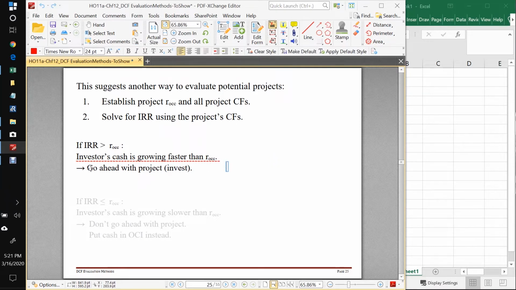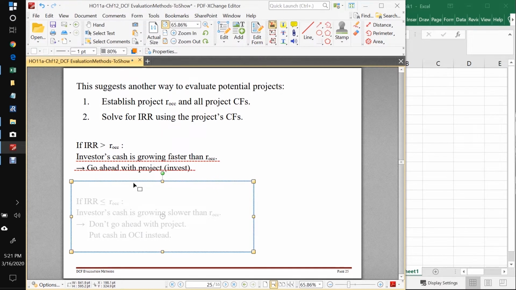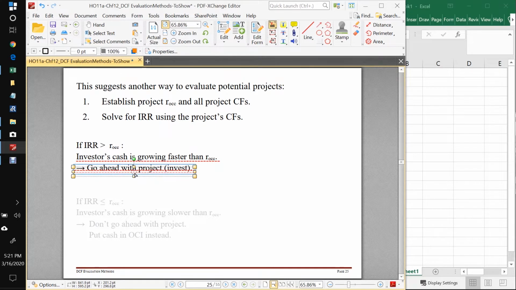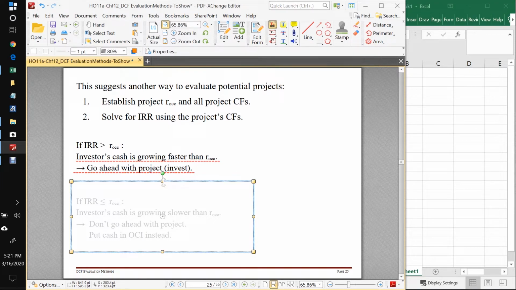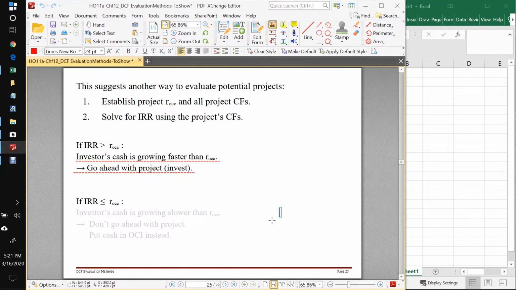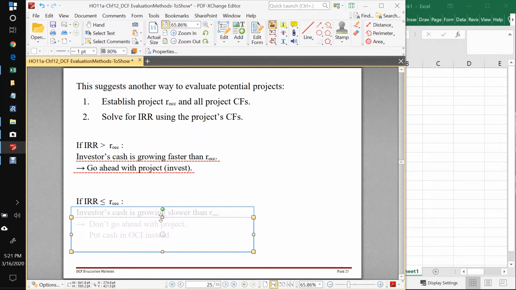So that's a good thing, right? We want our cash to be growing as fast as possible. So that would mean what? We're going to go ahead with this project, right? Because if we go ahead with this project, our cash is going to grow faster than it would in an investment giving us our opportunity cost of capital. On the other hand, okay, if our IRR is less than our opportunity cost of capital, what's that telling us?